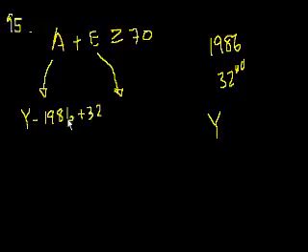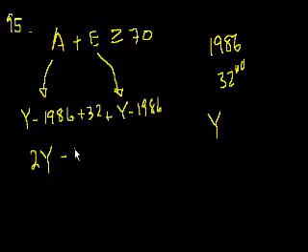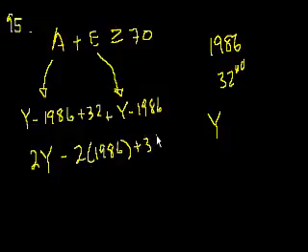Her years of employment are going to be the year minus 1986. So age plus experience is equal to 2y minus 2 times 1986, plus 32, which has to be greater than or equal to 70.